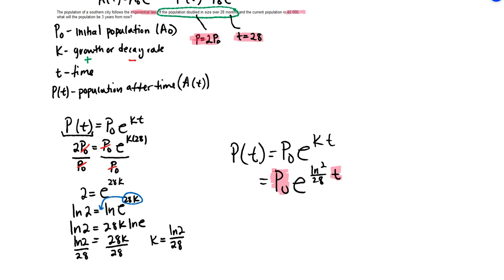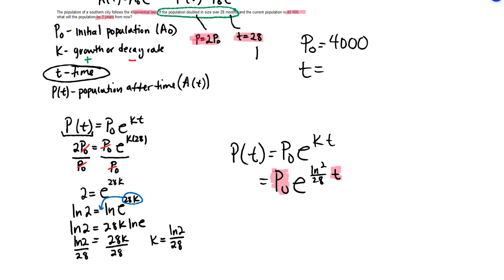Their current population is 40,000. What will the population be 3 years from now? 40,000 is the initial population. 3 years from now is the time. So for P0, I'm going to use 40,000. And for the time, I have to be careful here because although I told you earlier, for time you can use any units, days, months, years, you have to be consistent about whatever units you're using.